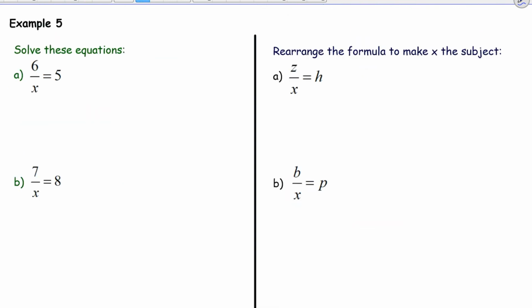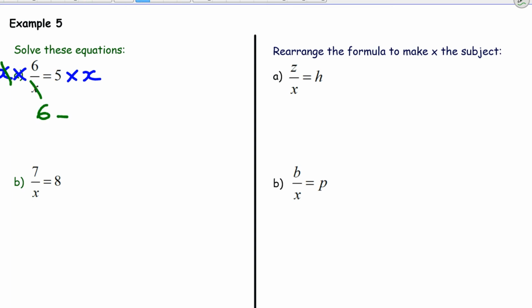Okay. Example 5. Solve these equations. So what you may want to start with is getting rid of the denominator. And we shall just use the same process as the previous example. So multiply by x. Okay, we know that we want x to be on one side, but we are starting with getting rid of the denominator. So x divided by x is 1.